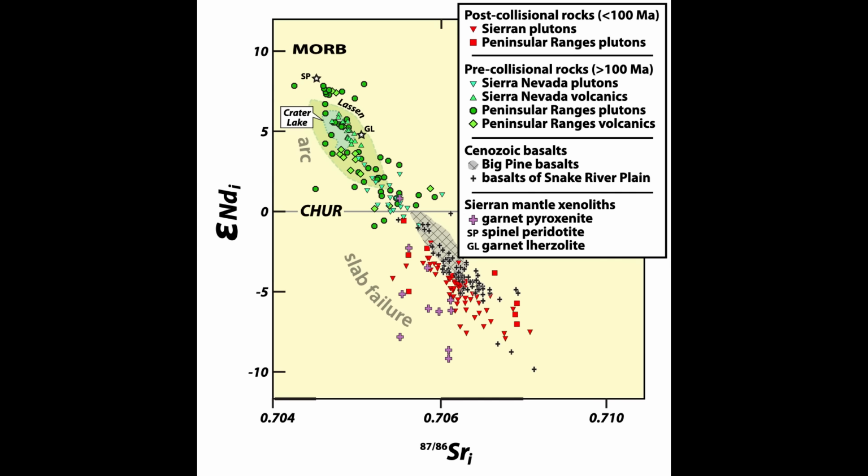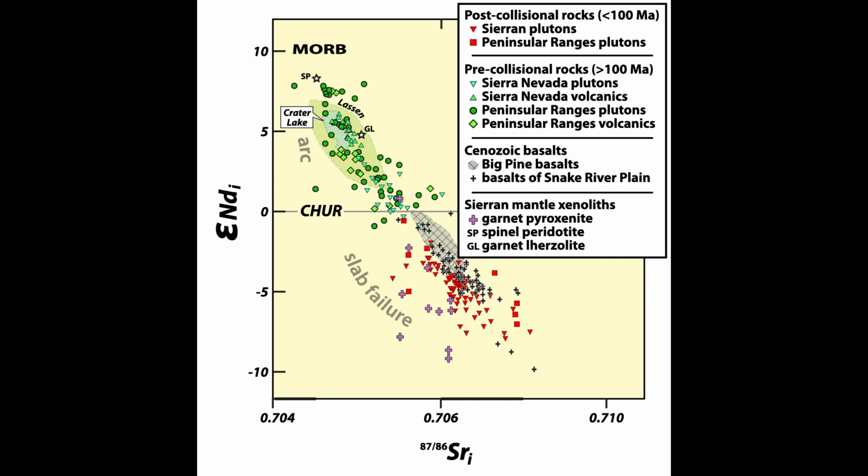So you need to know the age in order to calculate the initial 87/86 ratio for strontium. But anyways, the post-collisional rocks are more evolved in terms of strontium.